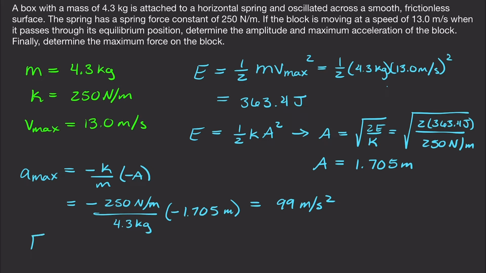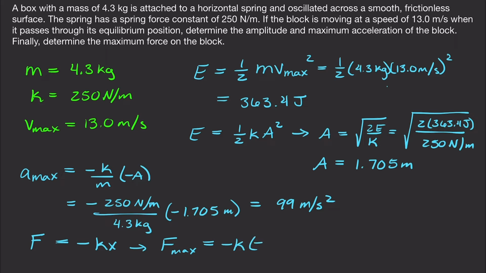And now for our force, we know the maximum force will occur when the acceleration is max, because this force is what's producing that acceleration. So this is equal to minus kx, just our spring force. And so if acceleration is max when x is equal to minus the amplitude, that must also be when our force is max.